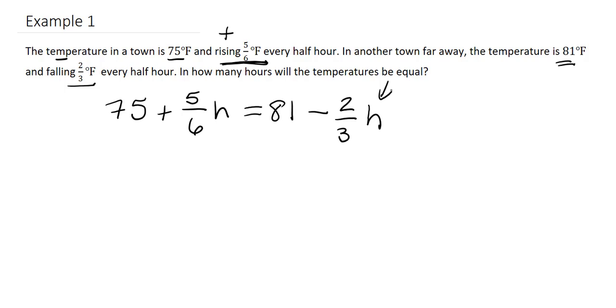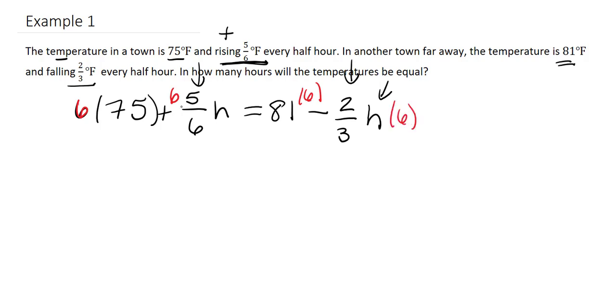So let's find it. If we're going to solve by using the least common denominator, our least common denominator between the two fractions here and here is going to be 6. So we're going to have to multiply each term by 6. So we'll put a 6 here, 6 here, and then a 6 here.